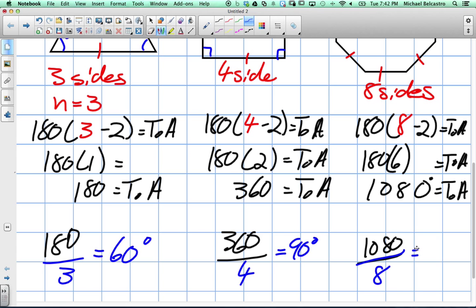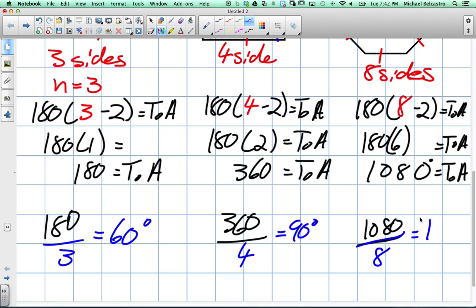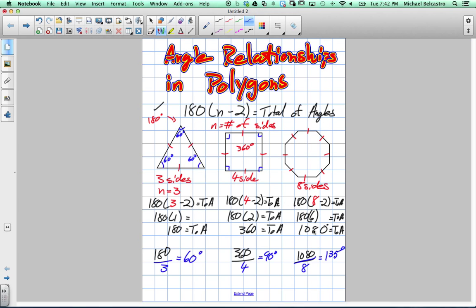What is each of our angles going to be? 135. So every single one of the angles is going to be 135 degrees in this question. Okay, so that formula works for any polygon. We just have to know the number of sides.